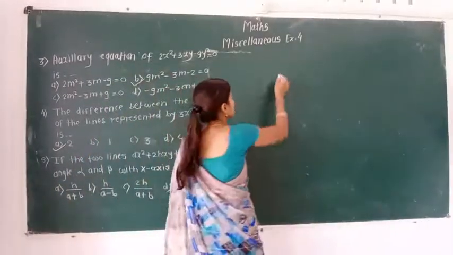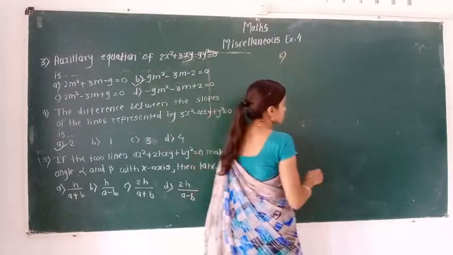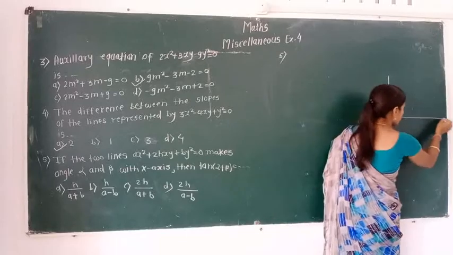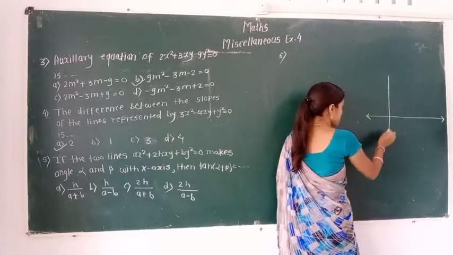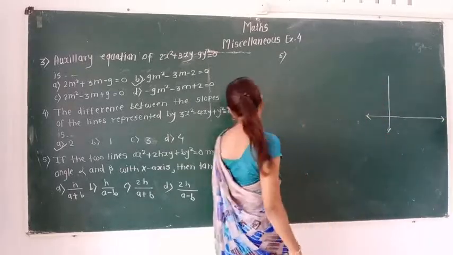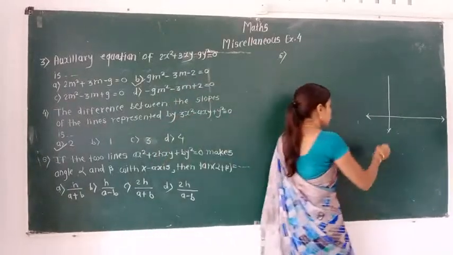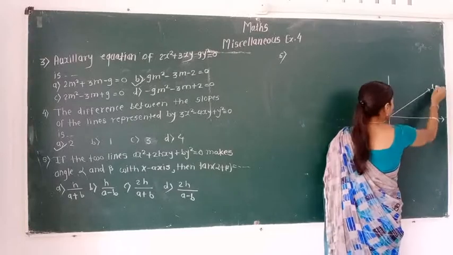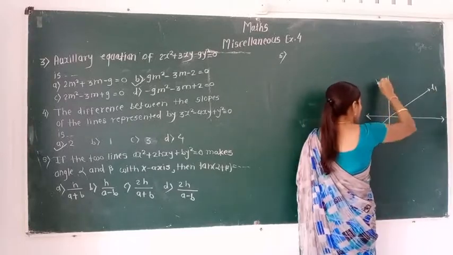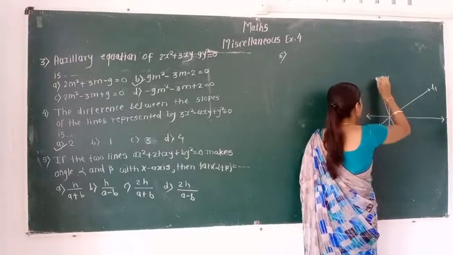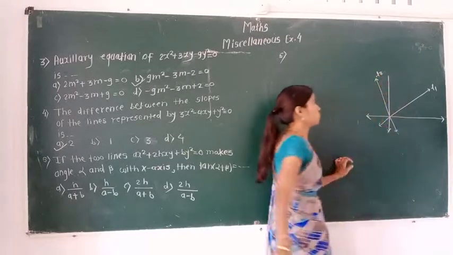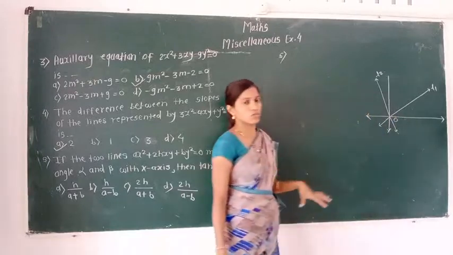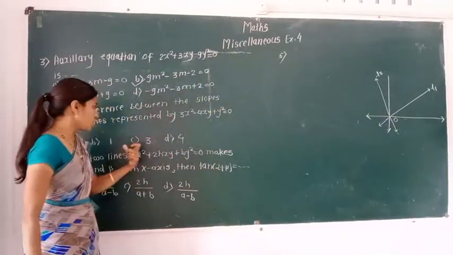For example number 5, see here, the combined equation given to us is the combined equation of two lines, and those two lines always pass through the origin. So take the first line as L1 and the second line as L2. These two lines are passing through origin, and the given information is the inclination.